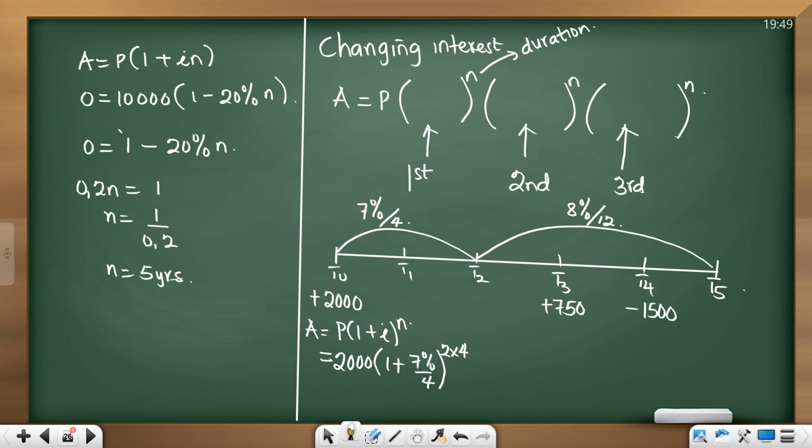The interest then changes. 3 years. I am working only on 2,000 Rand, guys. What is the new interest? 1 plus 8% over 12. For how long? The line. 3 years. Divided by what? 12.